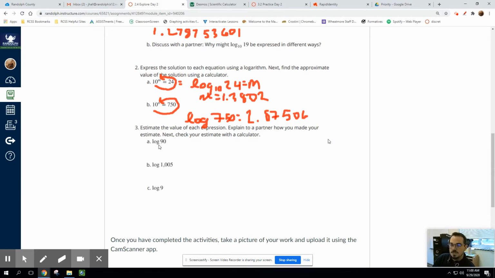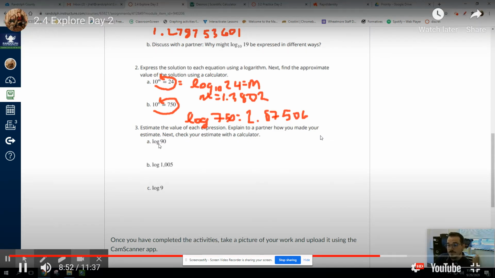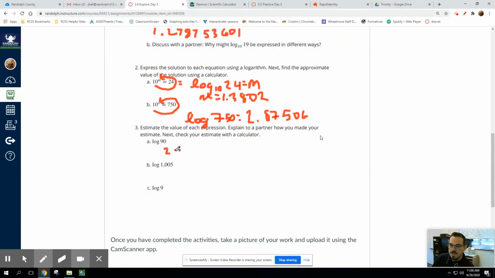So we're kind of thinking this is going to be somewhere between 1.9 and 2.0. So I'm guessing here that it's going to be like 1.91.